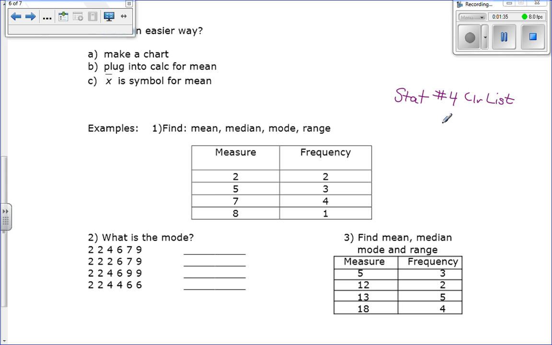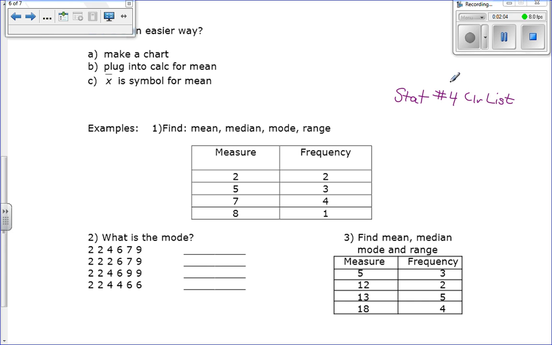So if list 1 has information in it, you're going to have to do stat number 4, clear the list, L1, if there's more, comma, L2. L1 is second 1, and the comma's above the 7, and if you need L2, you do second 2. And we will talk more about what you do in the calculator in class.